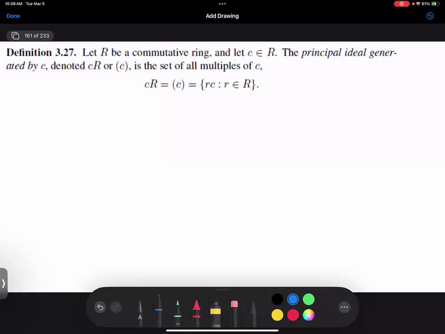And by multiples, I mean multiples by things in R. Okay? So we've seen something like this before, but we've looked at clock groups. For example, 12Z would be dot, dot, dot, minus 24, minus 12, 0, 12, 24, dot, dot, dot. We had stuff like this.